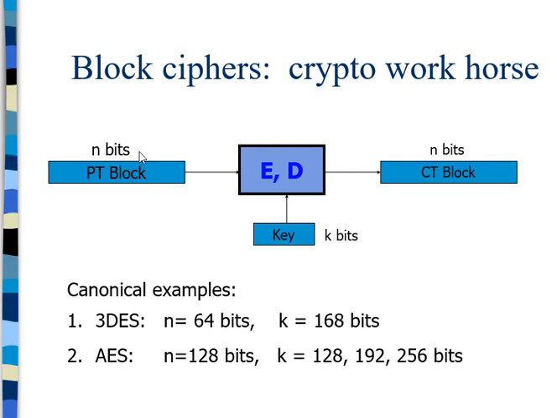Now, one question. Please think about that. Can n bits of ciphertext be less than n of plain text?